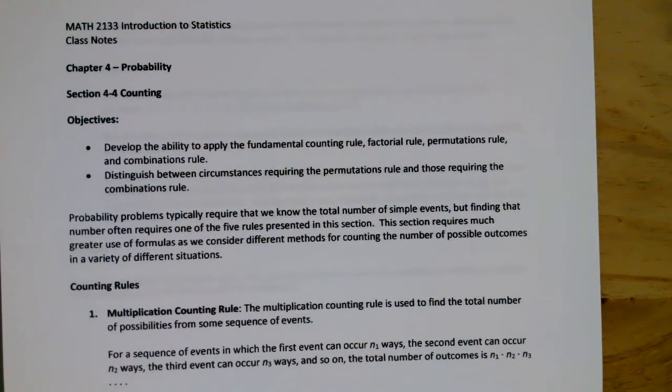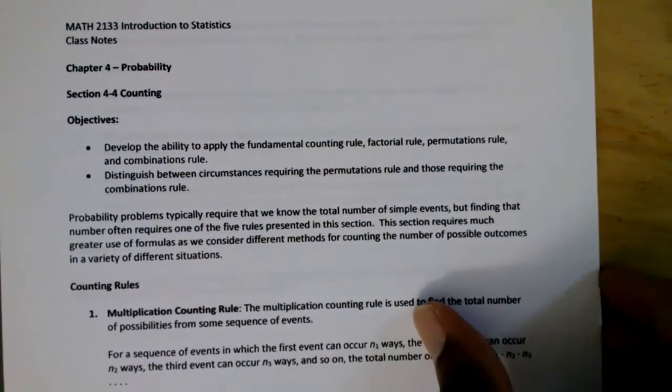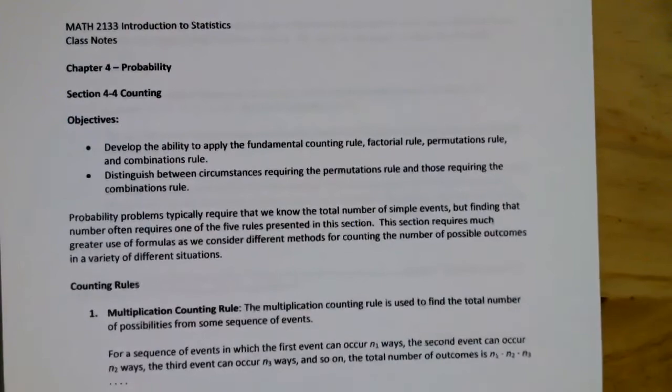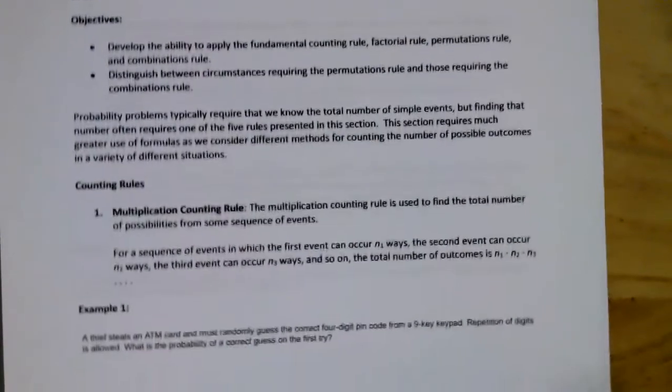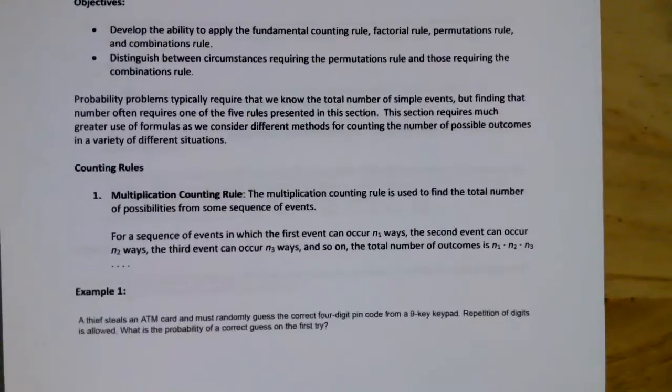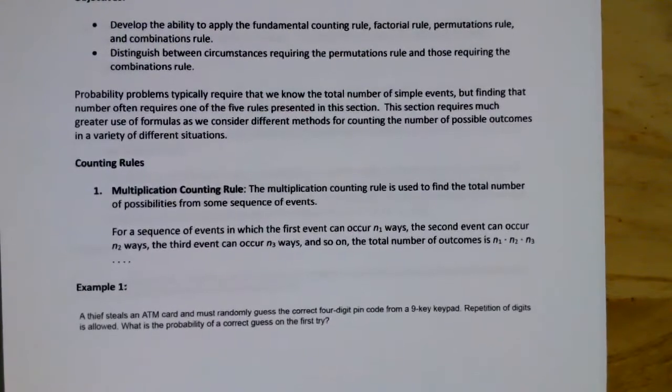So here we're going to be looking at 5 different counting rules that can be used, starting with the multiplication rule. That's rule number 1. We call this the multiplication counting rule, and it is used to find the total number of possibilities from some sequence of events.